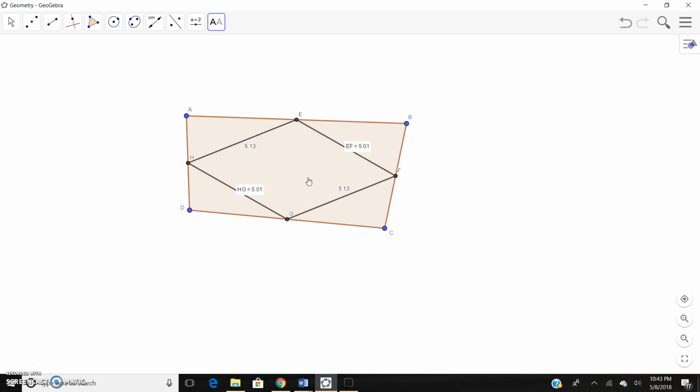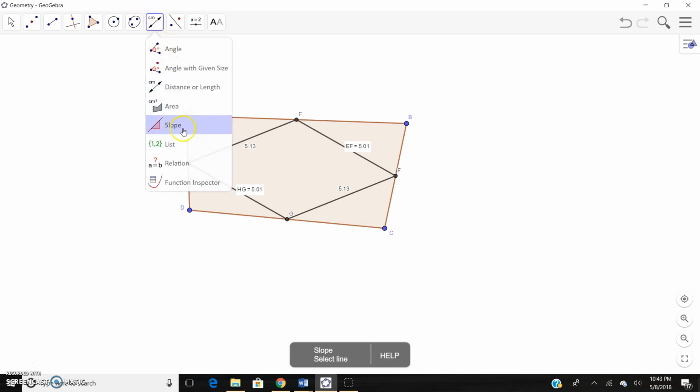And so a very easy way to show that is to show the slope of each side, or the opposite sides that we're looking at, and see if those slopes are congruent. And then that means that our lines are parallel if they have the same slope.